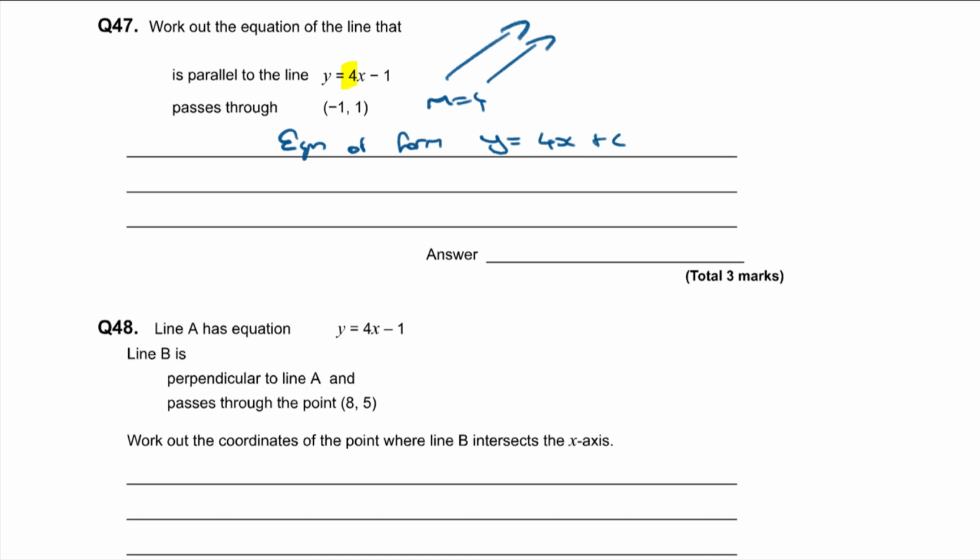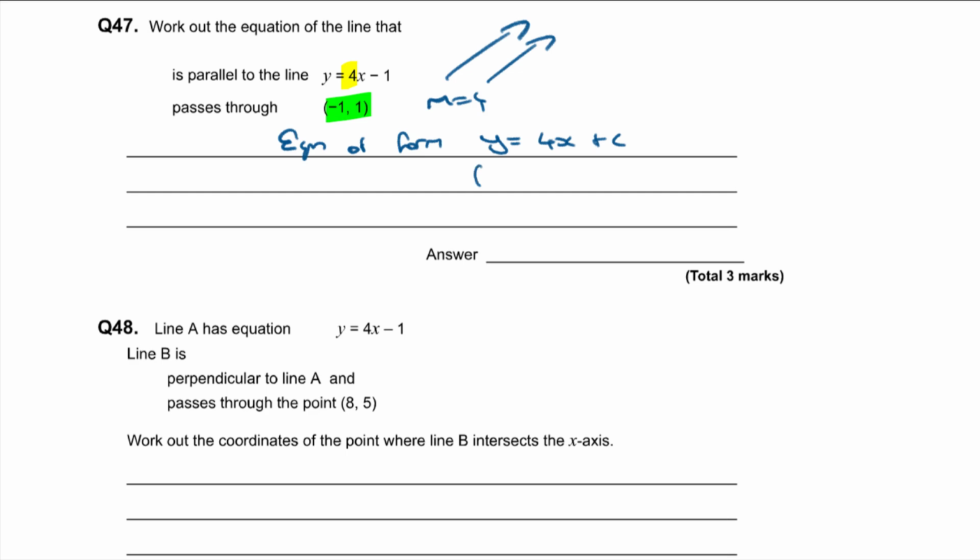Now how can we find c? Well, easily enough, we can just take this coordinate and we can sub it in for y and x, and then the only thing we won't know is c in that particular substitution. So we can then equate c to whatever's left over, and that will be our value of c. So let's sub in -1 for x and 1 for y.